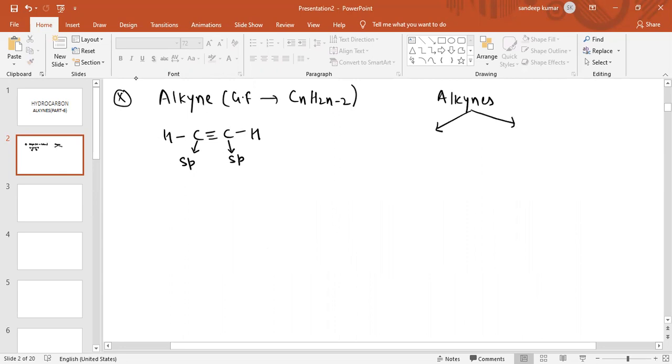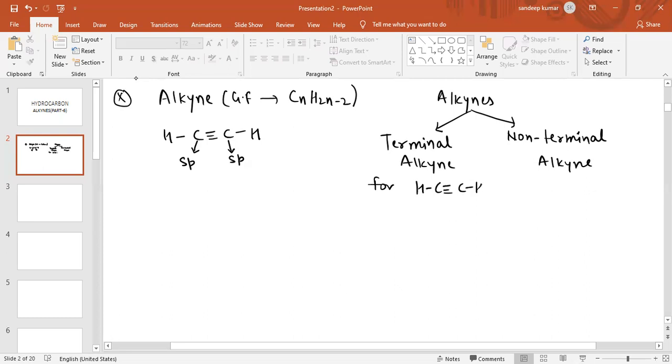One type of alkyne is terminal alkyne, and the other is non-terminal alkyne. See the difference between these two alkynes. Terminal alkynes are those alkynes, for example HC triple bond CH.